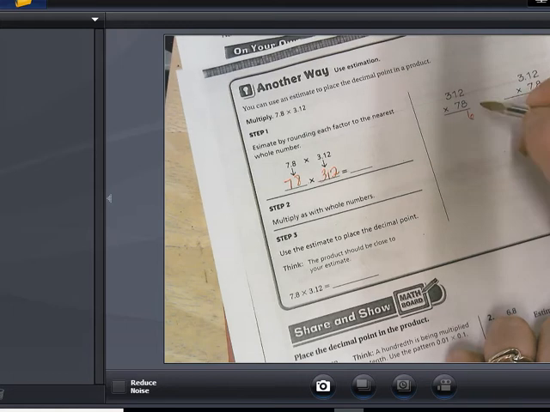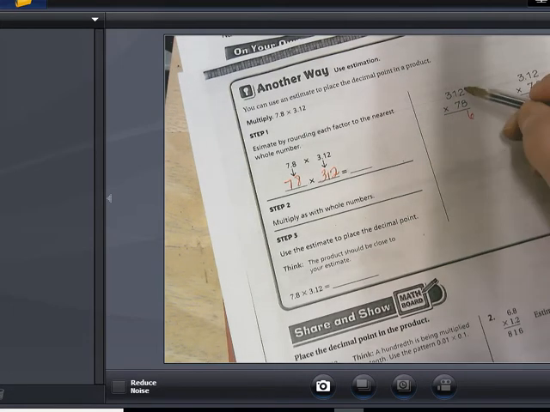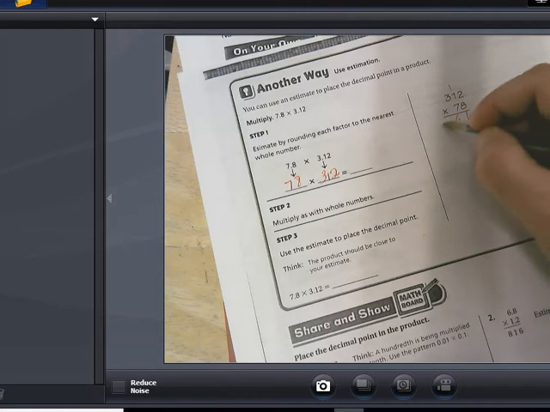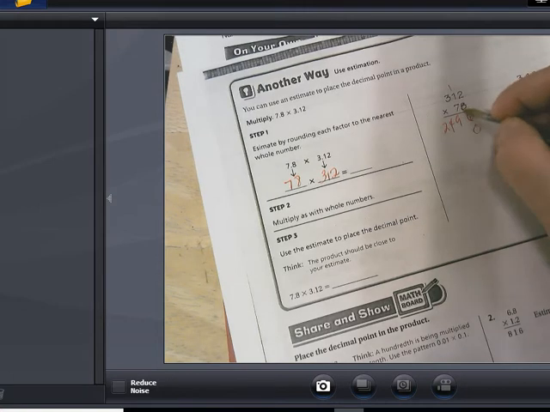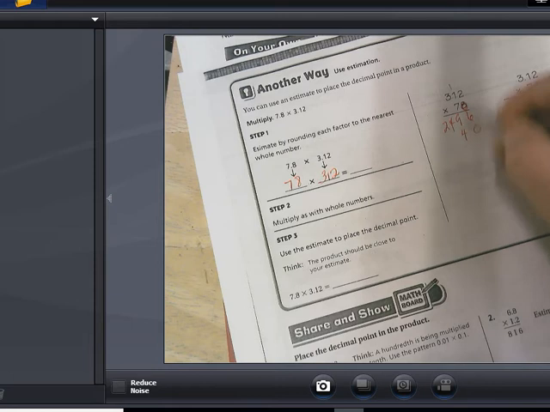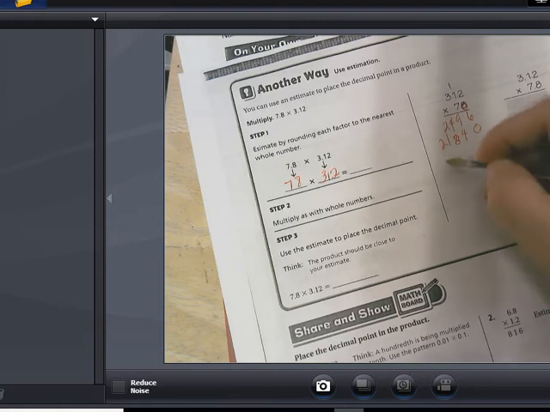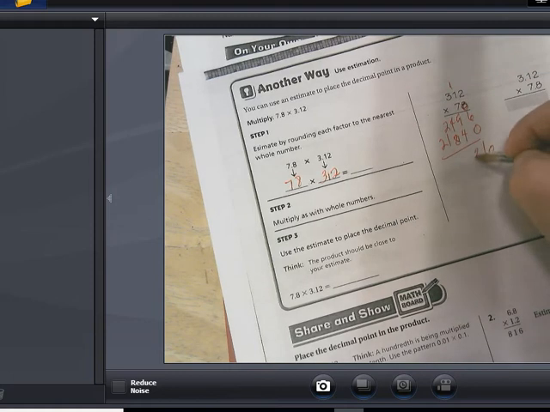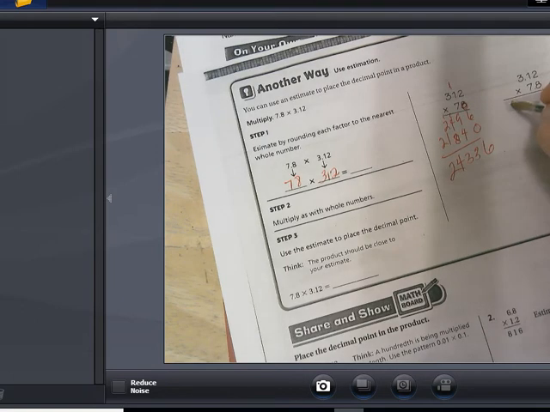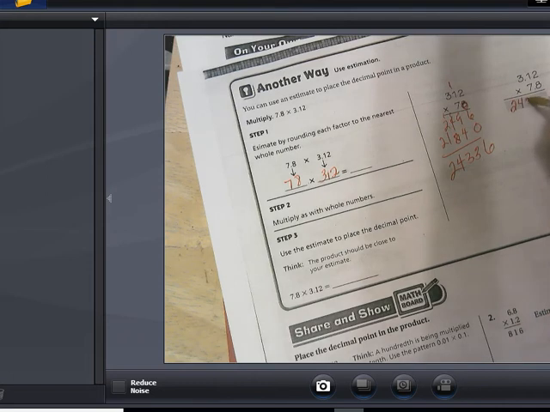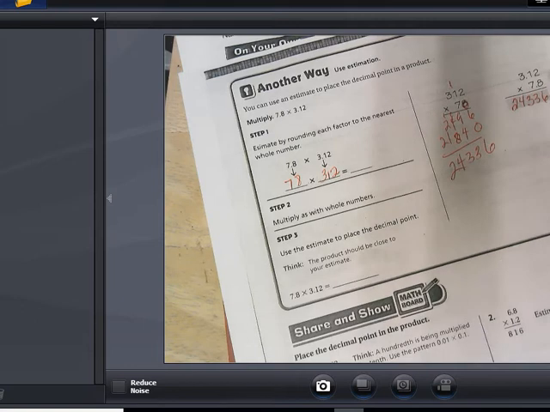So it's 16, 9, 24, a 0 in the ones place to hold it, 14, 8, 21, 6, 13, 4, 2. So my answer is 24,336.